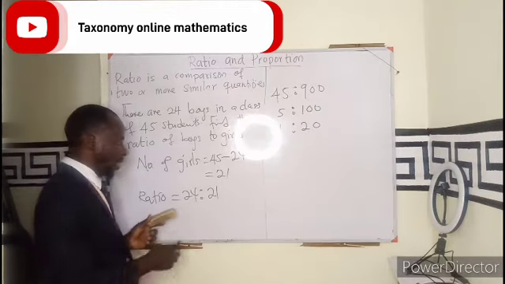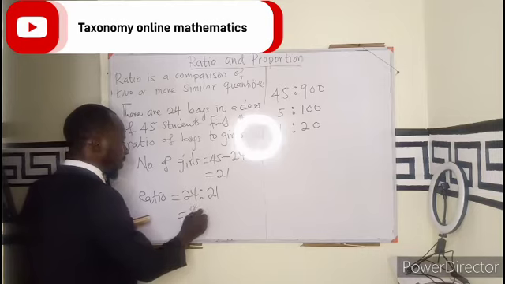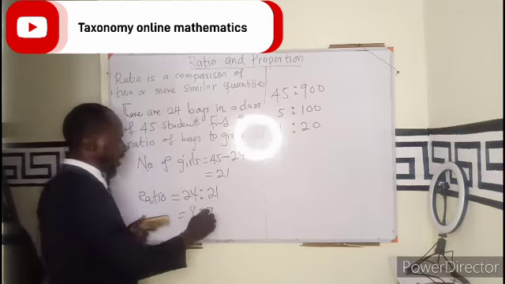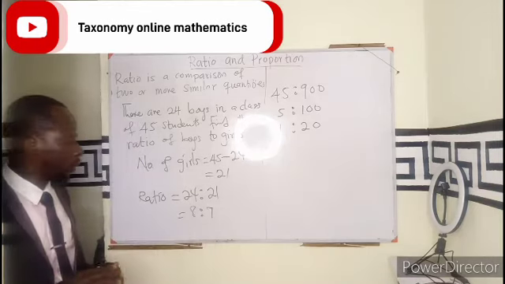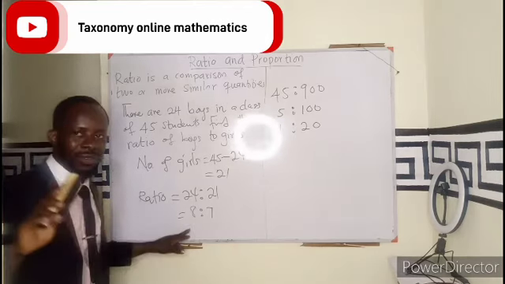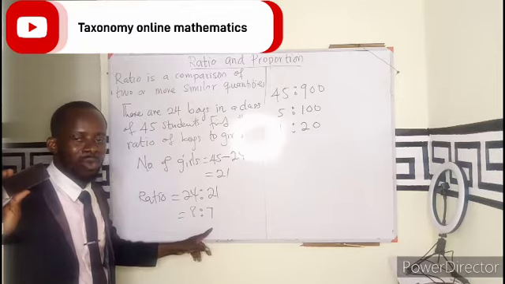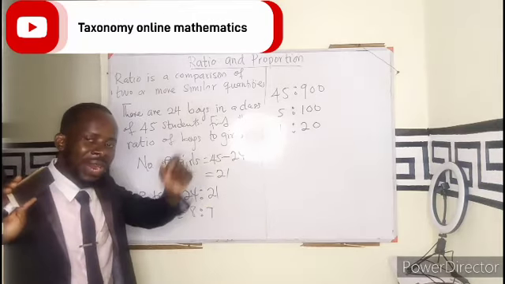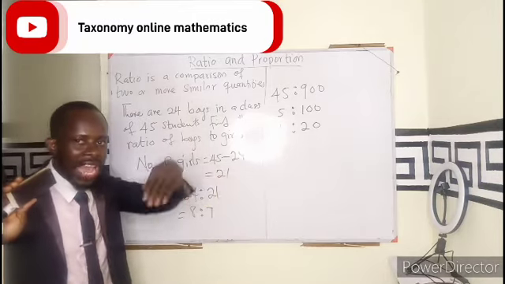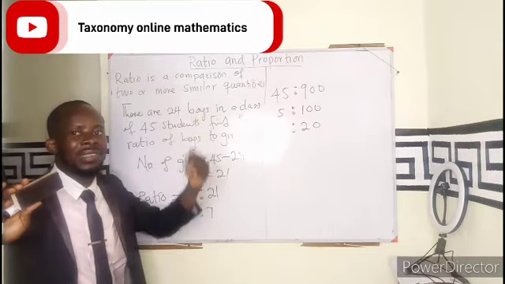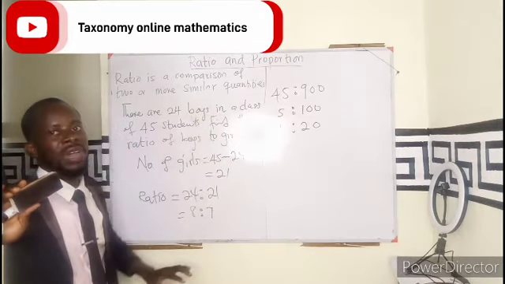So 3 will go in here 8 times and 3 will go there 7 times. So the ratio of boys to girls is what? 8:7. So in every 8 boys, there are 7 girls, in a class of 45.